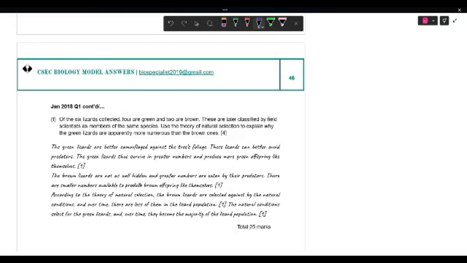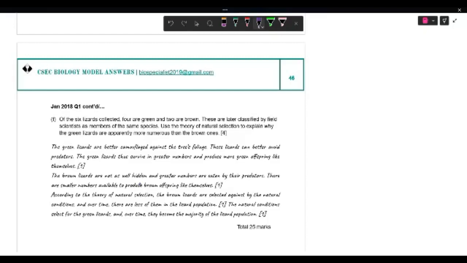Right? So remember, we collected some lizards. So they noticed that 4 of the lizards are green and 2 of the lizards are brown. Remember June 2017? Do we use physical appearance to classify them into separate species?